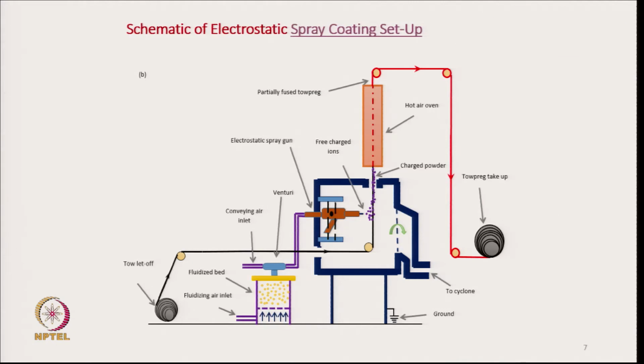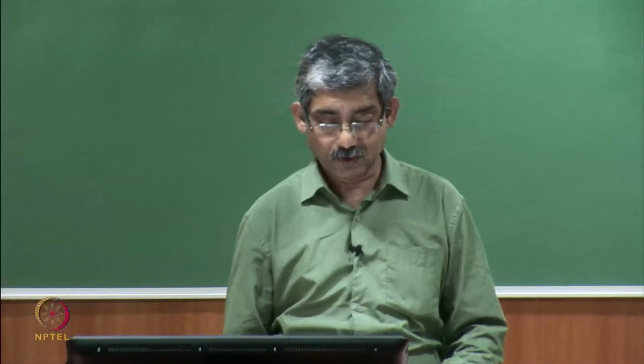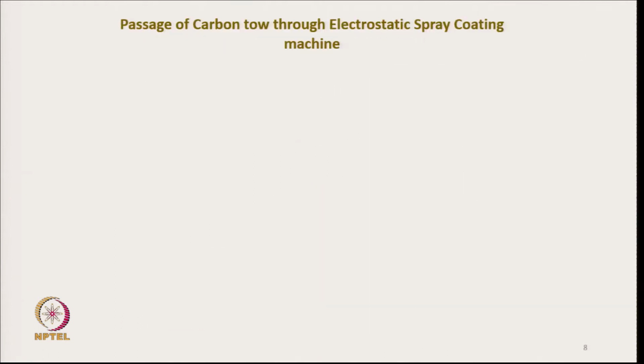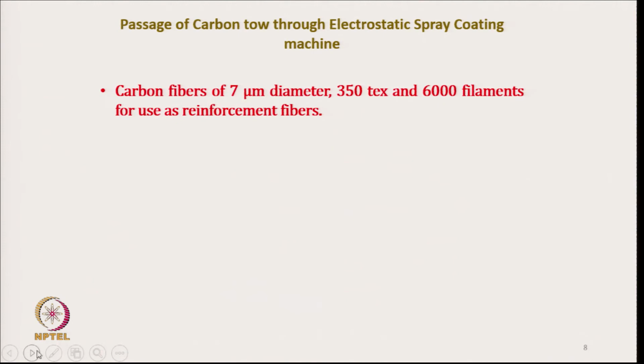Now, we will discuss the individual components of this setup. The carbon filaments which we have used are 7 micron diameter, with 350 tex and 6000 filaments, for reinforcement use.